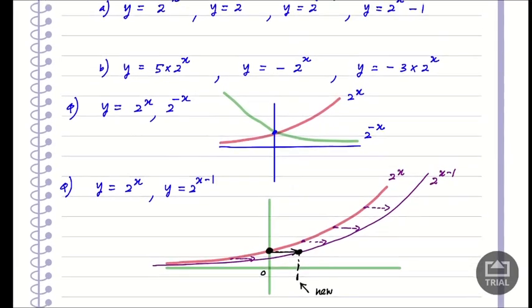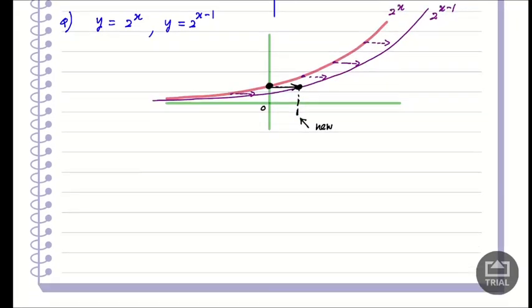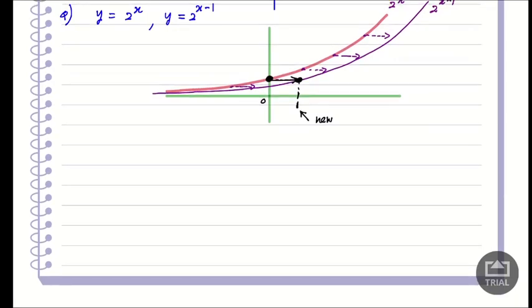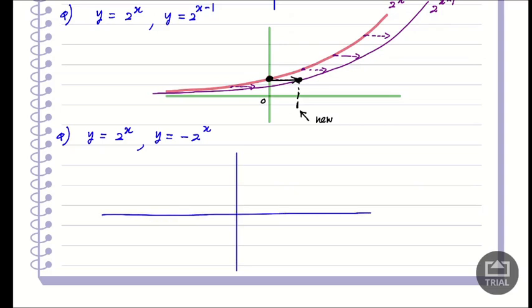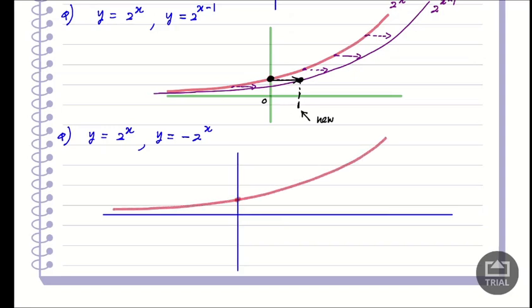Okay, pretty easy. Now let's think about this. Y is equal to 2^x versus y is equal to minus 2^x, right? So y is equal to 2^x is like this. Y is equal to minus 2^x, it's minus of the whole thing, yeah? It looks like this.